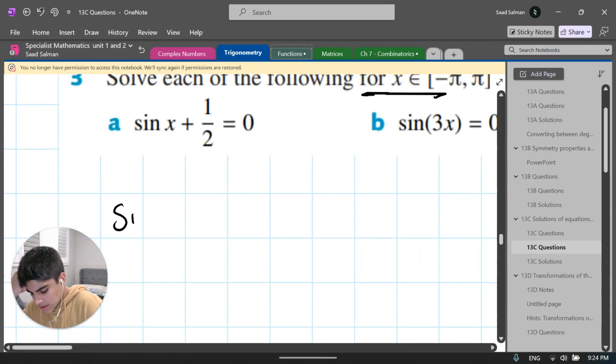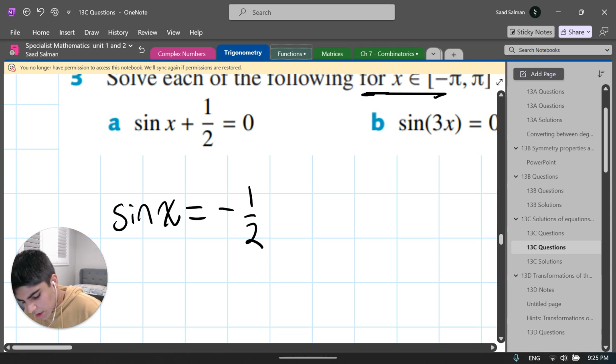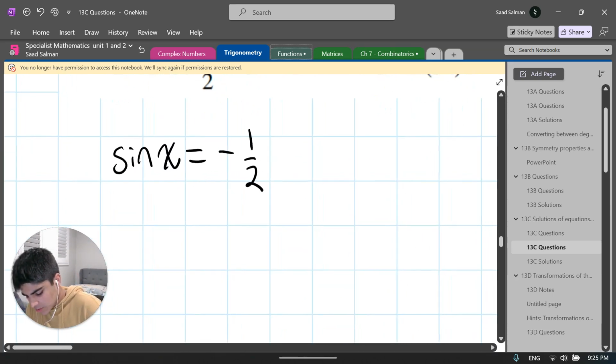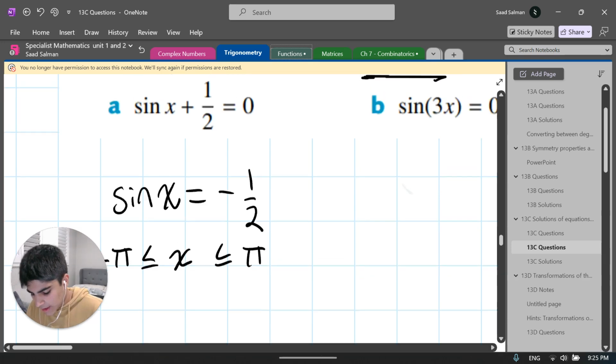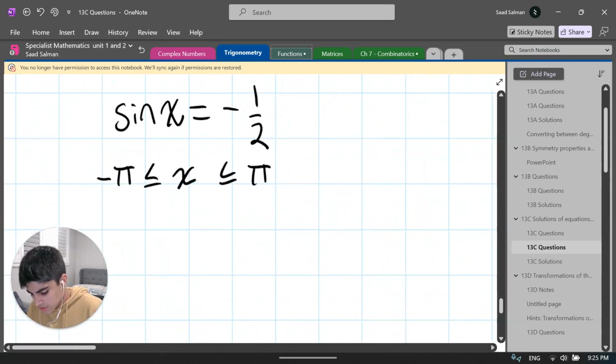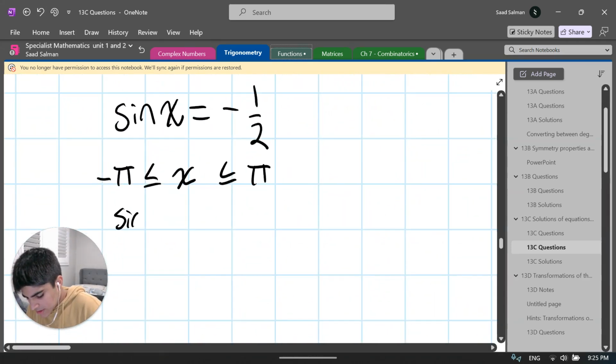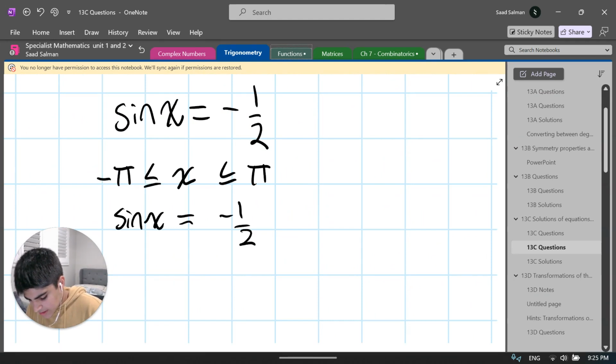Sine x equals negative 1/2. Our domain is the same, which means negative pi is less than or equal to x, which is less than or equal to pi. Now our reference angle, so sine x equals negative 1/2. Let's say this again.